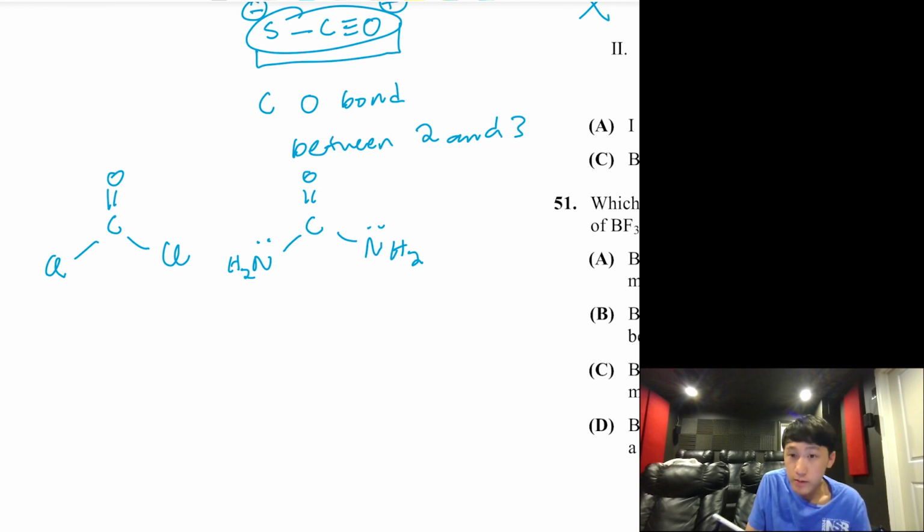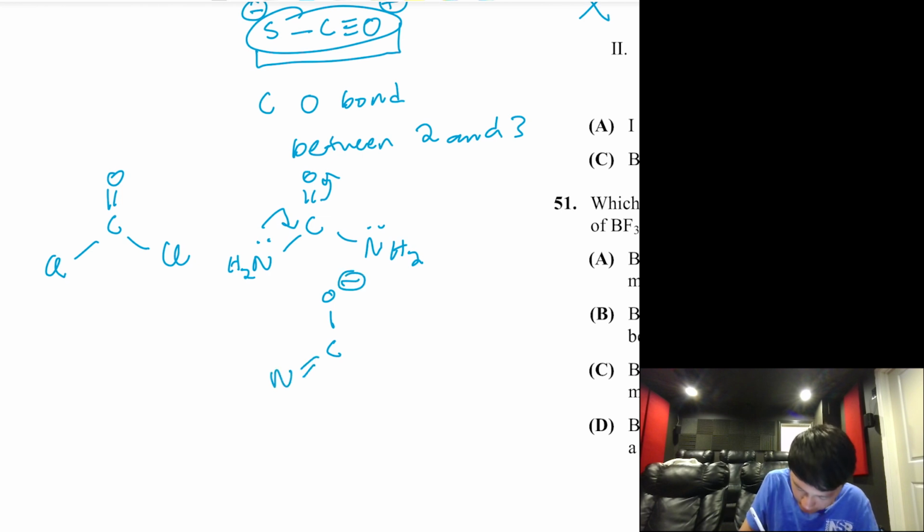If you're familiar with amides or urea groups in organic chemistry, you'll know that there's a major resonance contributor like so, where we have the carbon-oxygen actually as a single bond, and a nitrogen like so, with a positive formal charge, H2.